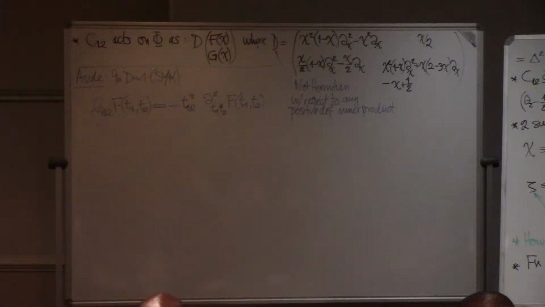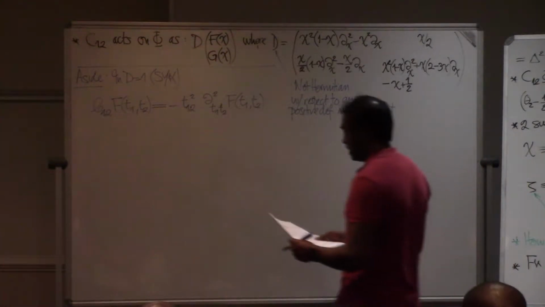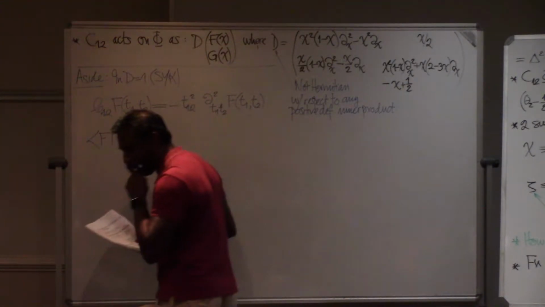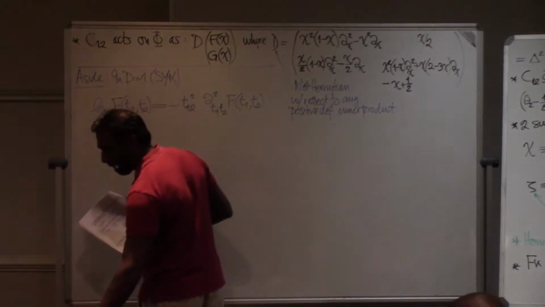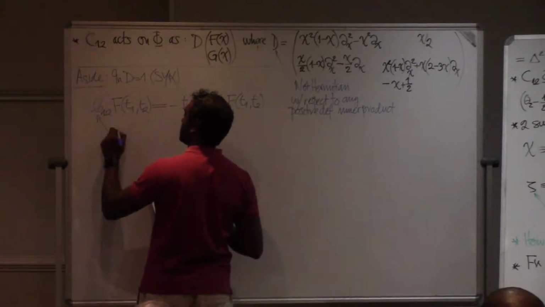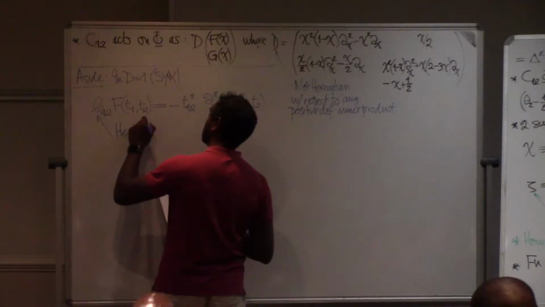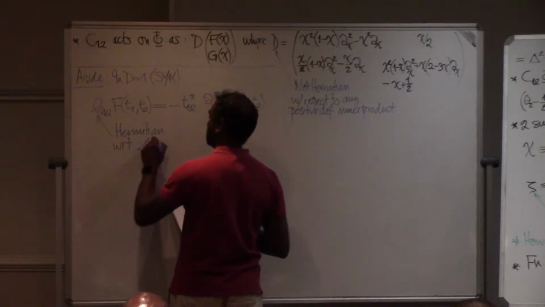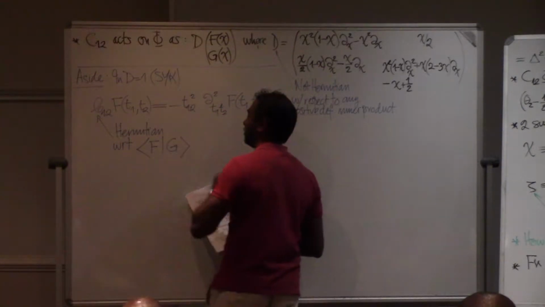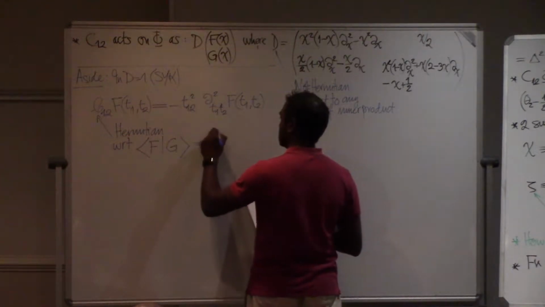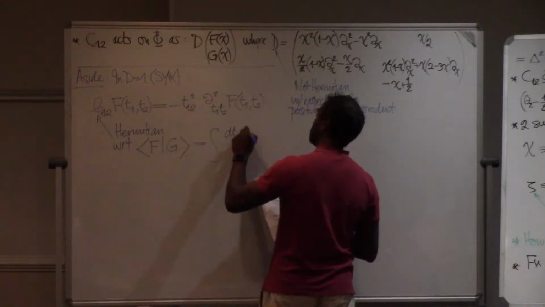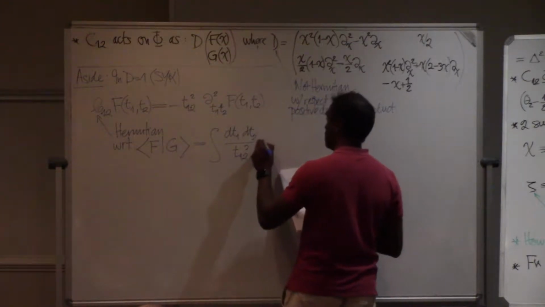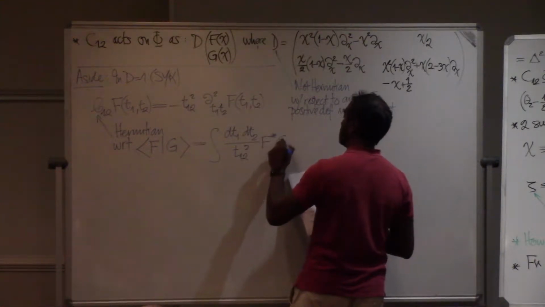Well, this guy is Hermitian with respect to the following inner product. F inner product G is the integral over T1, T2 divided by T_12 squared, F star G.